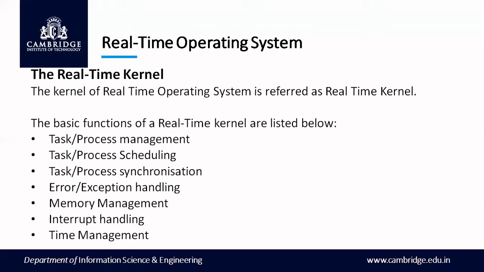Task or process management, as we have seen, task or process scheduling, then task or process synchronization, then error or exception handling, memory management, interrupt handling, and then time management. These are the important basic functions of a real-time kernel.